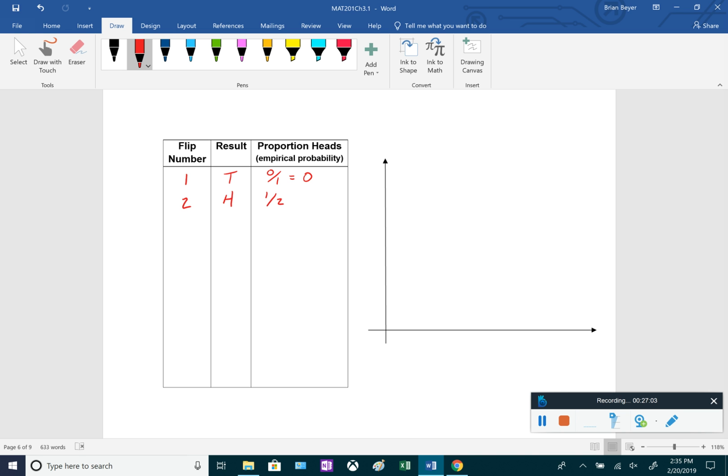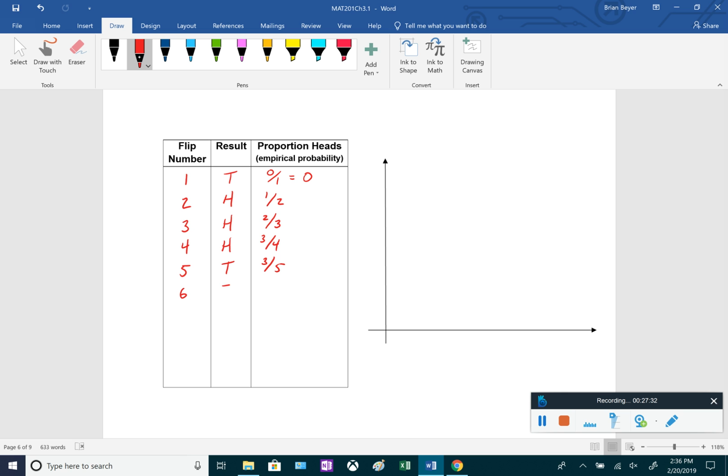So 1 out of 2. On the third flip, I got another heads. So I got 2 heads out of 3 total flips. The fourth flip, I got another heads. So I got 3 heads out of 4 flips. Fifth flip, I got a tails. So that's 3 heads out of 5 flips.